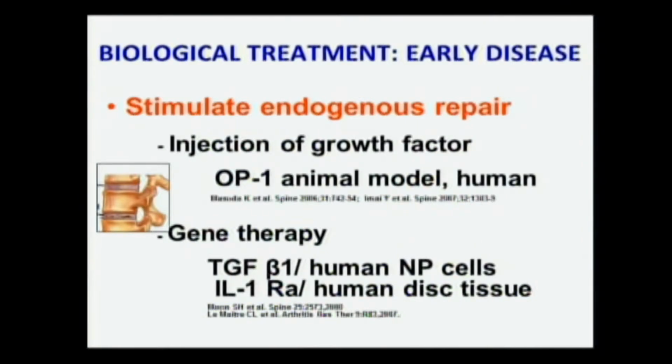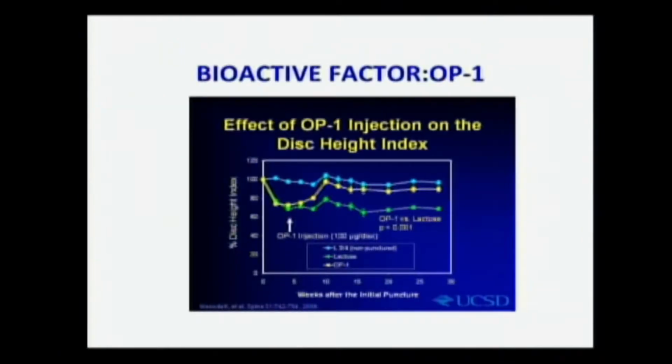And this is just one slide that Koichi Masuda shared with me, in which he was able to show that if you create an animal model of degenerative disc disease with a needle puncture, 4 weeks later, when they have the degenerative changes, if you inject GDF5 or OP1 into that disc, you can restore disc height. And it was just one injection.